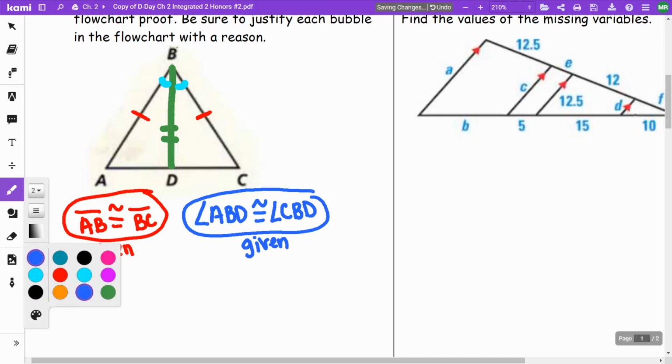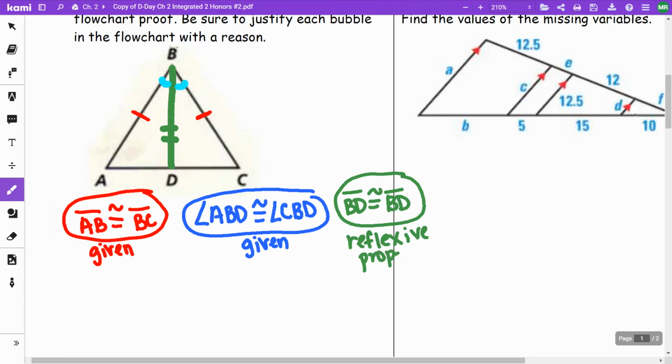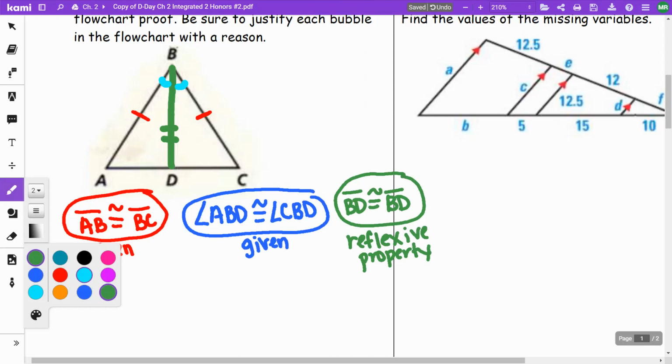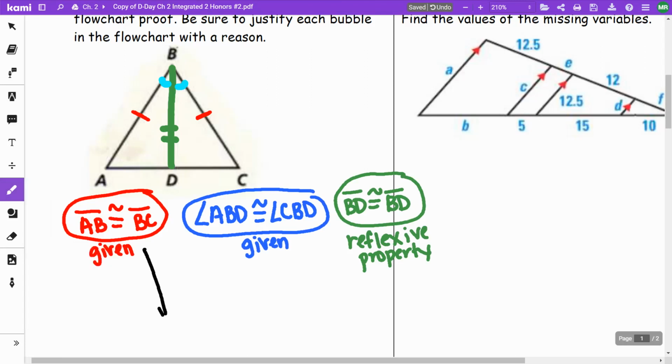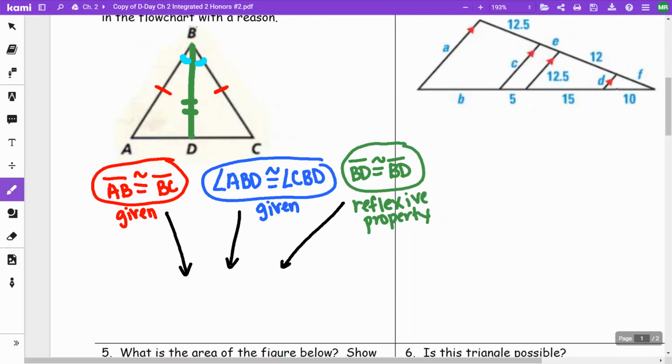And then I'm going to say line segment BD is congruent to line segment BD, and that's the reflexive property. And then from here, I can say that this and this and this are going to lead to these two triangles being congruent.